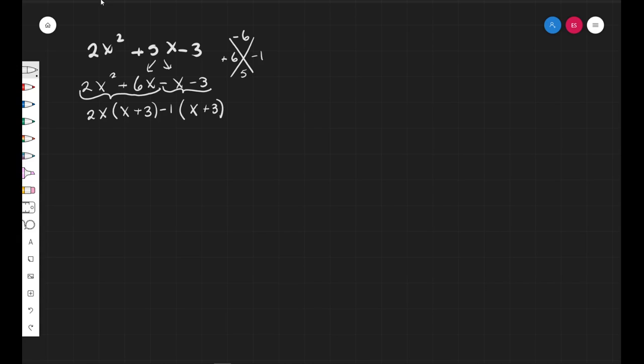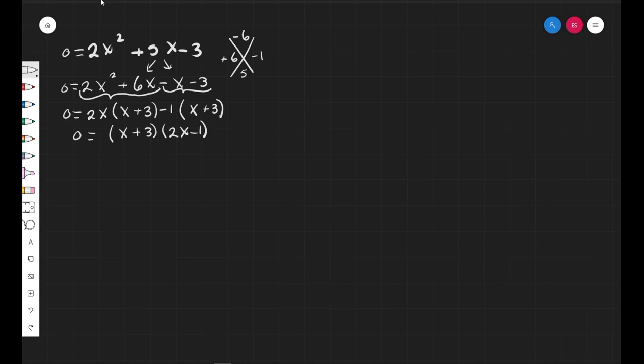Now if we take a look at this term, as well as this term, these two have x plus 3 in common. We factor that out, and we're left with 2x minus 1. Okay? And now, if we were trying to solve this equation and find the zeros, we would set all of this equal to 0.